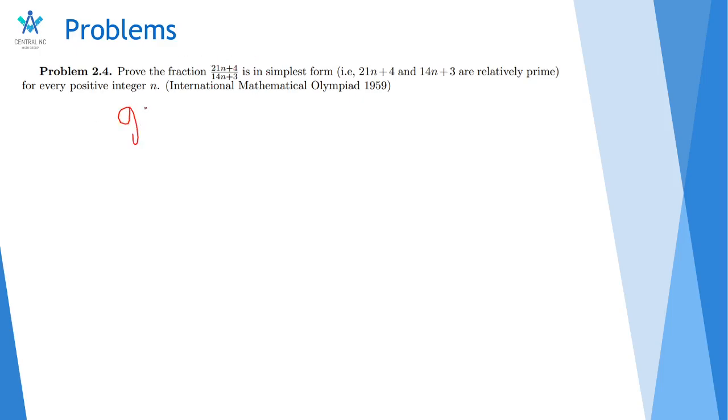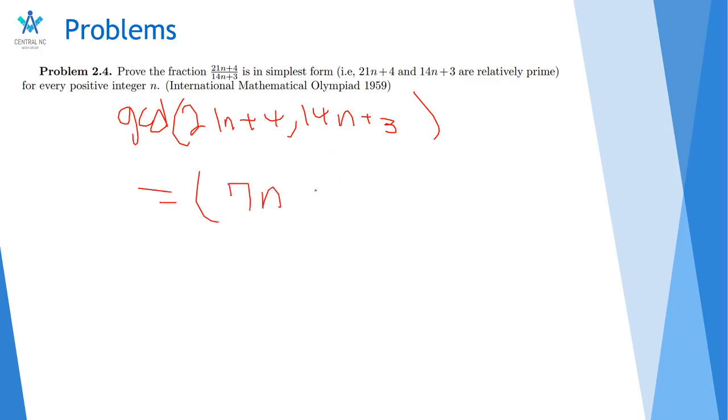So once again, I'm going to shorthand it after this original writing. So we get 21n plus 4 and 14n plus 3. So let's subtract 14n plus 3 from 21n plus 4. That's going to give us 21 minus 14 is 7, so 7n. 4 minus 3 is 1, so plus 1.